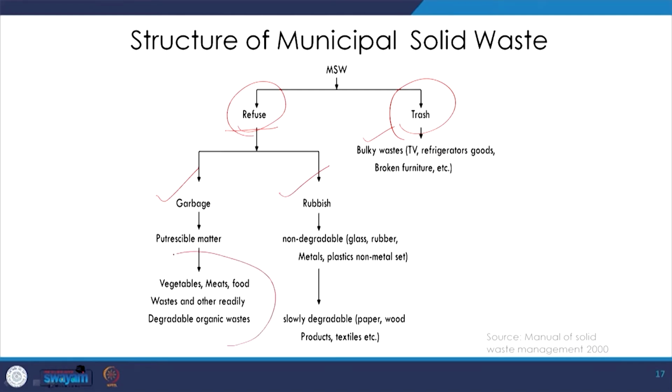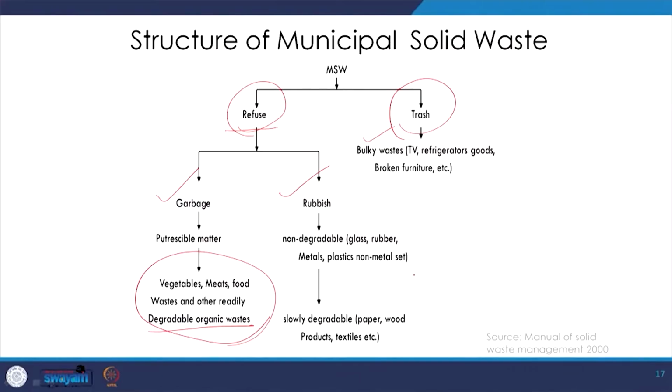The biodegradable matter is further processed, decomposed, and manure or useful compost can be produced out of it, while rubbish can go depending upon what kind of material it is. If it is glass, rubber, metal, plastic, all of that can go into recycling, while some slowly degradable material, for example paper, wood products, textiles, may be sent for further composting.